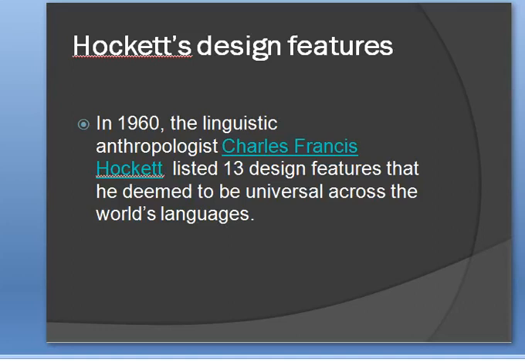So we will be discussing those design features. I'm repeating, Charles Francis Hockett had listed 13 design features which are universal. Universal means that according to him, these are those features which every language does have, right?